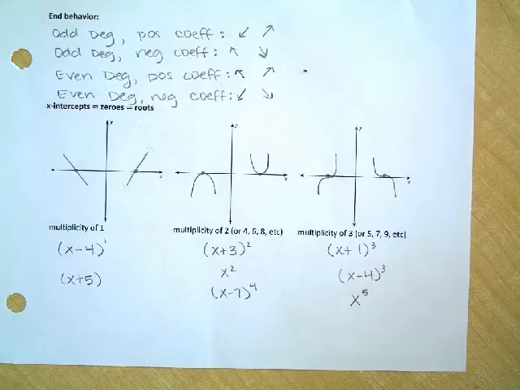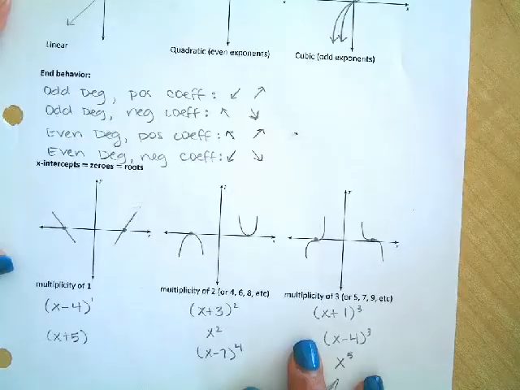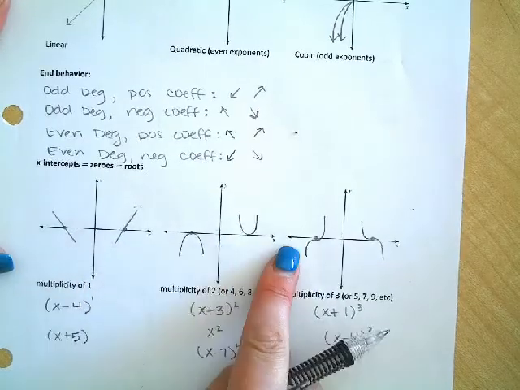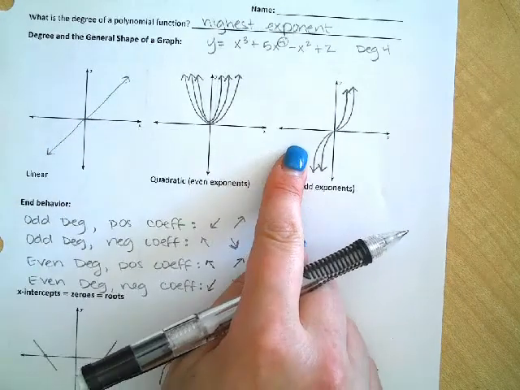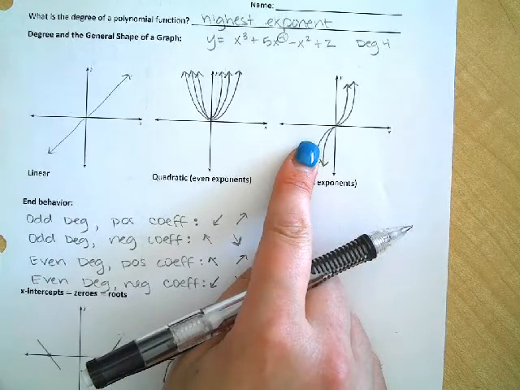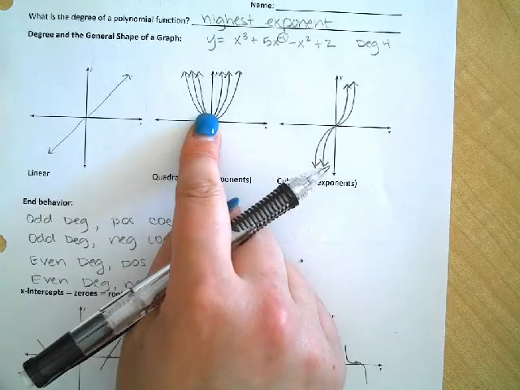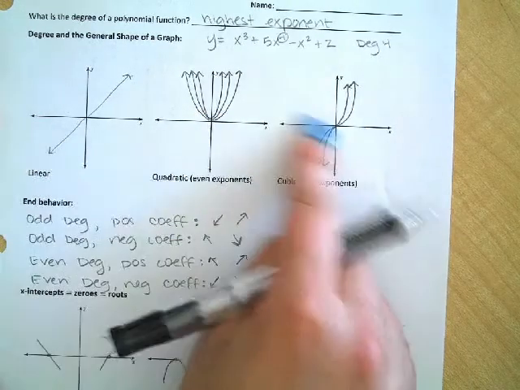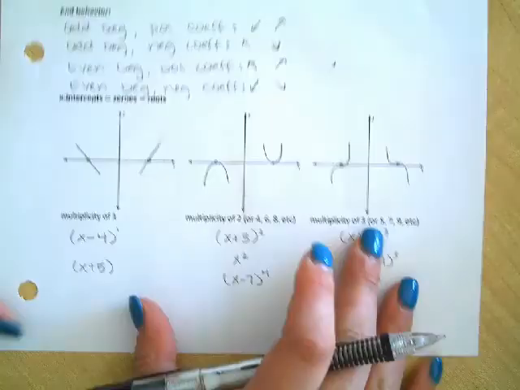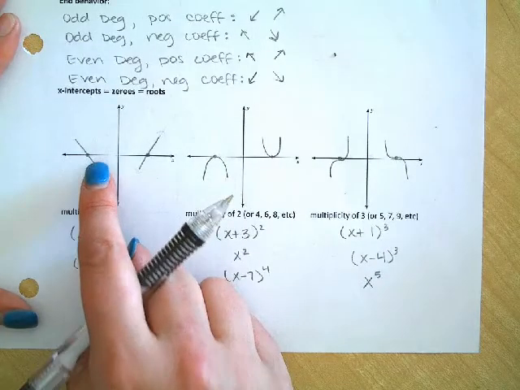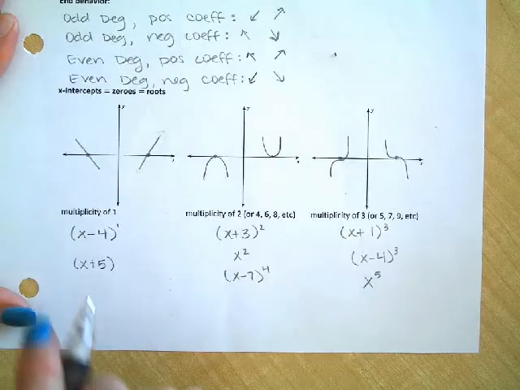So what you'll notice is that at each individual x-intercept, you see the same sort of shapes as what's happening with the overall graph, okay? So this is kind of like big picture perspective. This is like if you were to zoom out, this is what you would see. This is kind of like if you zoom in and you want to see what's happening at each individual piece.